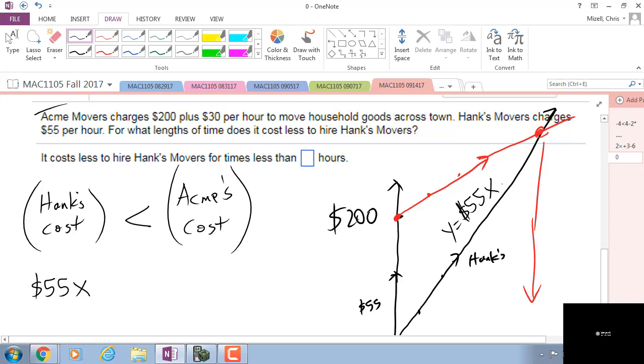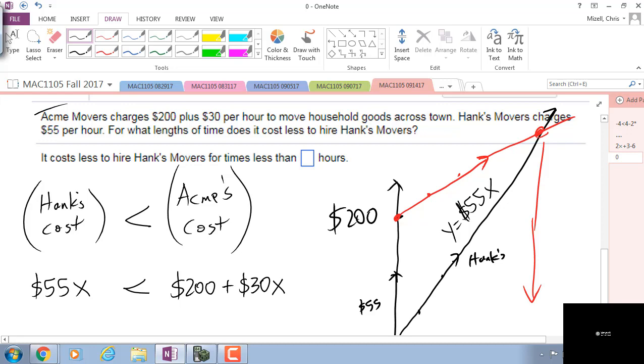Acme's cost, well, $200 right up front, and for each additional hour, $30. So you take $30 and multiply by the number of hours it takes Acme to get the job done, add on the 200, and we want to see for what values of x Hank's cost will be less than Acme's cost.